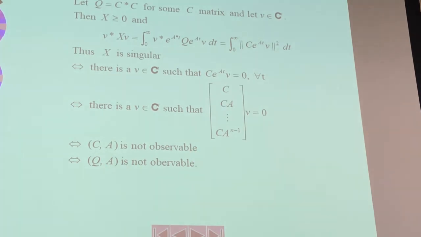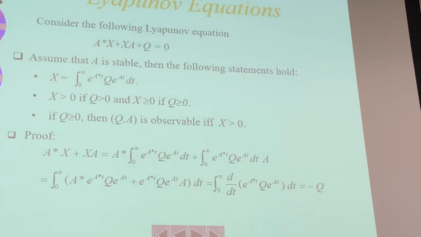So that's why you connect this LTI system with the Lyapunov function. The X is an n by n matrix. So this is n by n, this is n by n, this is also n by n. So everything is n by n. Capital X is an n by n square matrix.